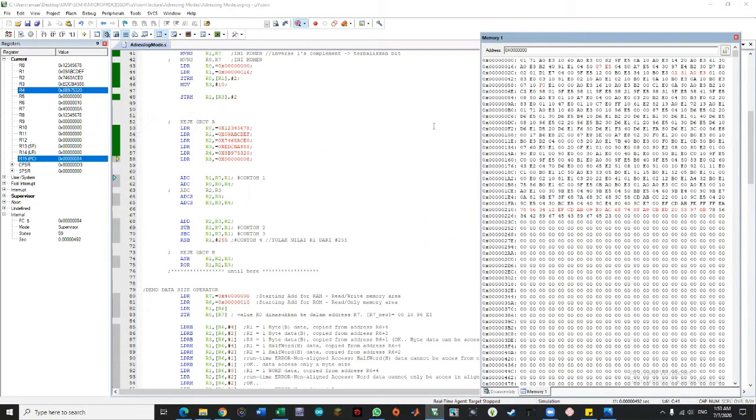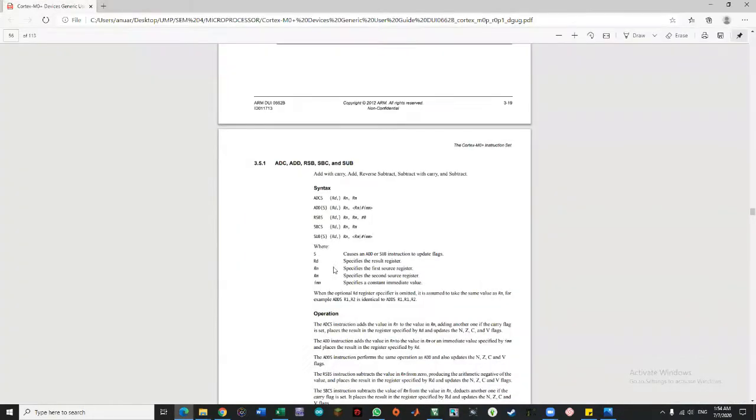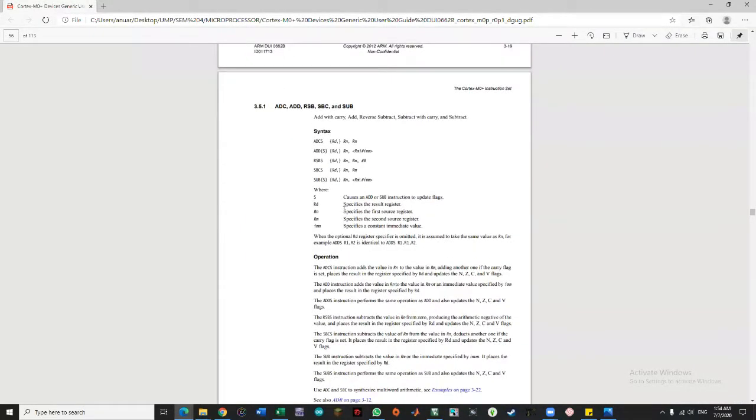Assalamualaikum warahmatullahi wabarakatuh. Now I will explain about the ADC, add with carry. As we know from the Cortex M0 manual, you can put either the instruction ADC or ADCS.